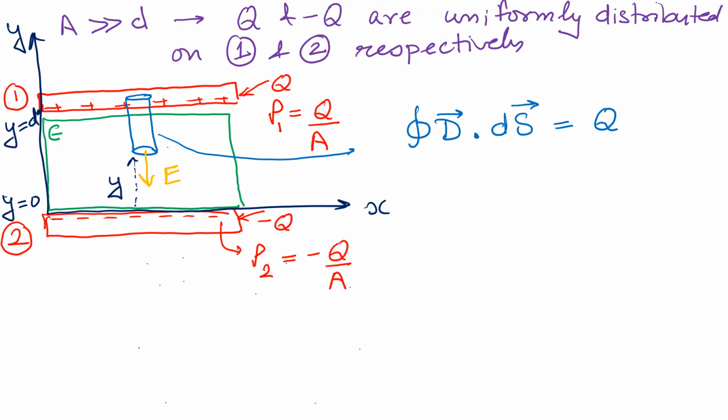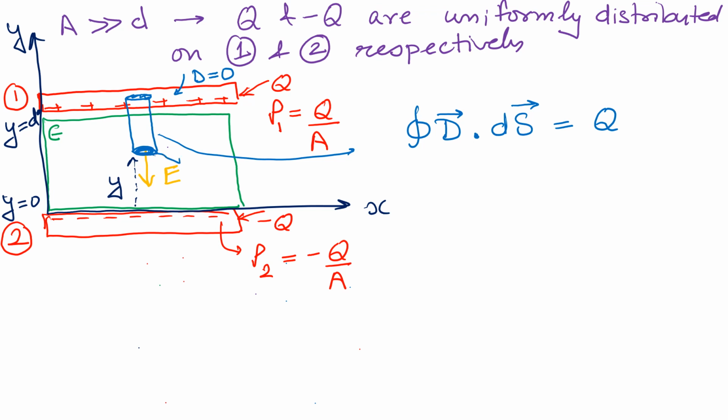And again, remember, D inside the conductor is 0. We don't have to worry about the flux on this face. The flux would only exist on the bottom face over here.